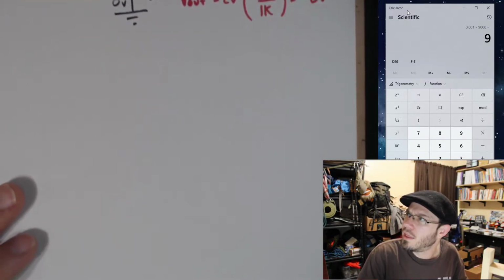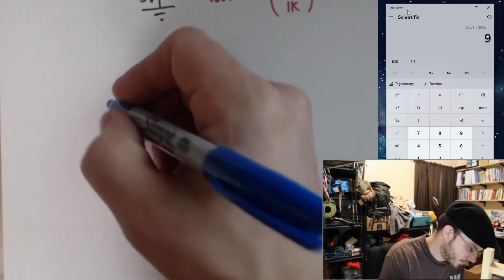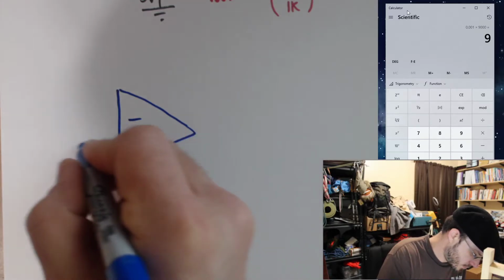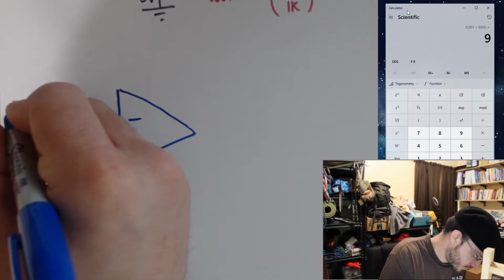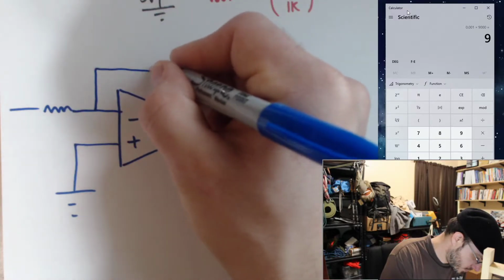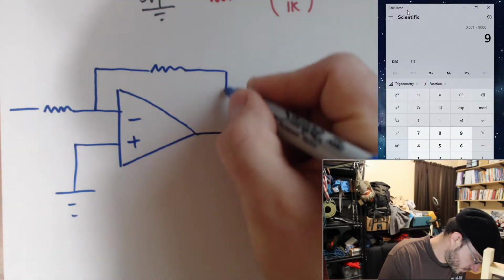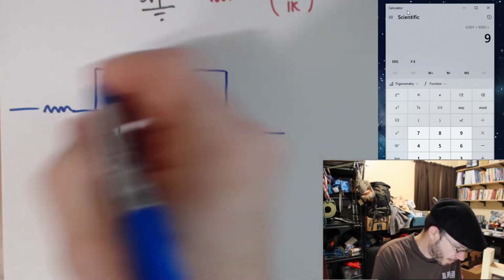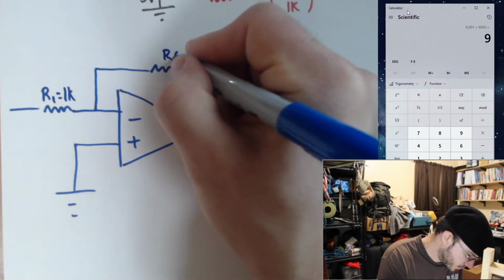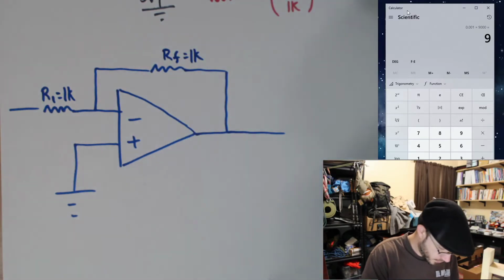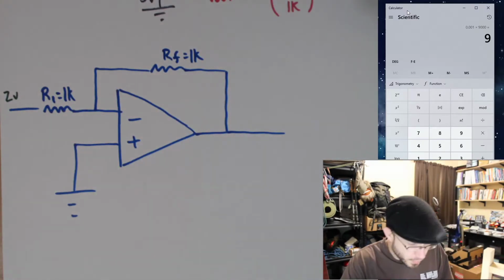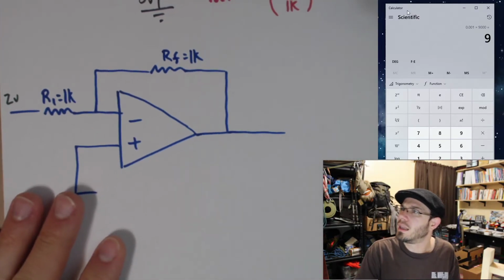Let's go ahead and redraw this. We have 2 volts here, and we're supposed to get -2 on the output.